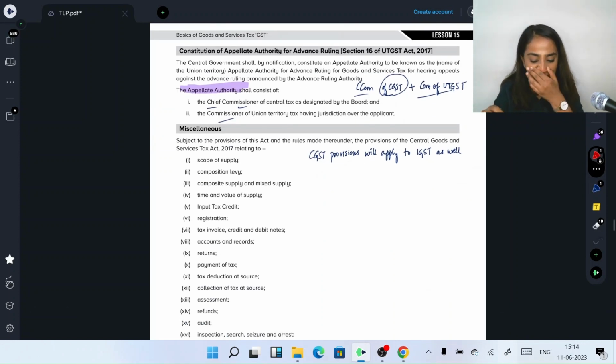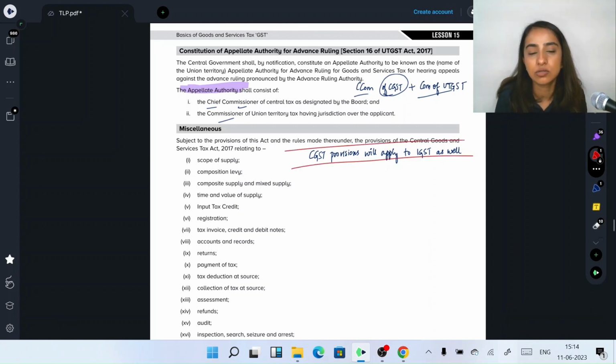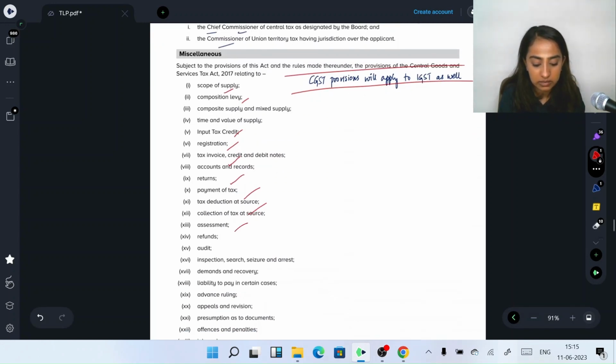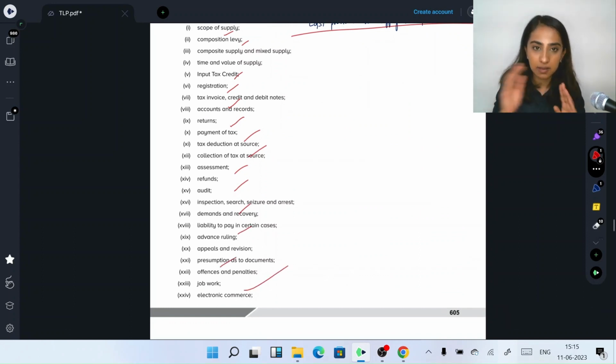Now, we have been telling that whatever is applicable to CGST will apply to IGST also, and whatever is applicable to CGST will apply to UTGST also, SGST also. So every section relating to supply, composition, time, ITC, registration, returns, payment, TDS, assessment, refund, audit, demand, liability, all this, whatever is there in the entire syllabus will apply in the same way to CGST and SGST also.